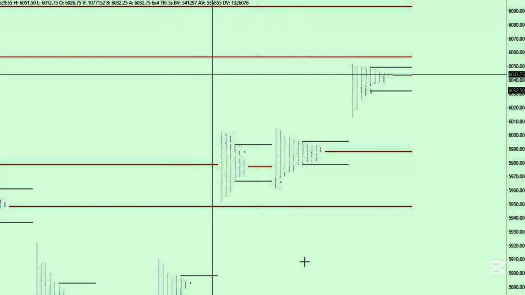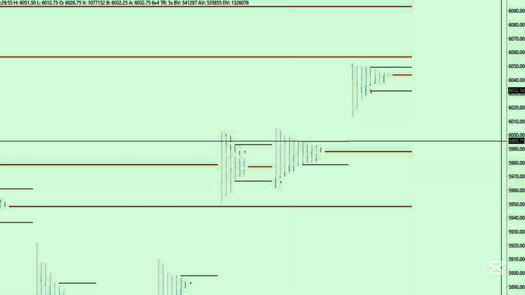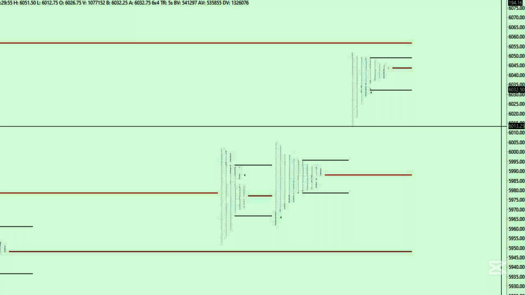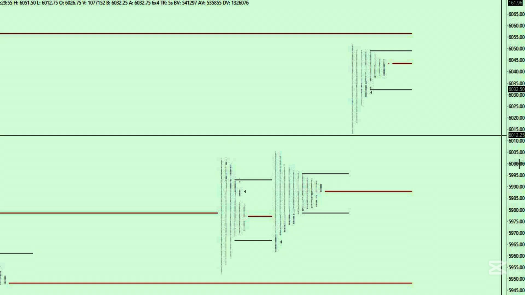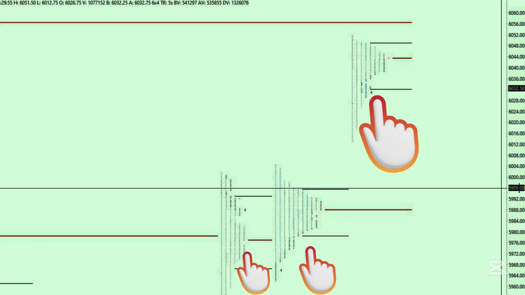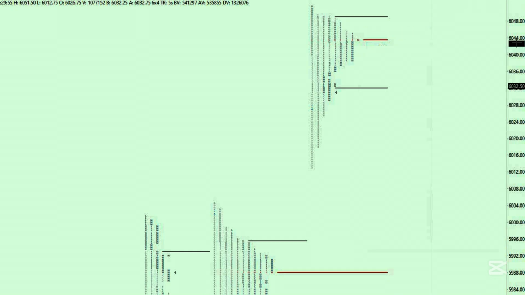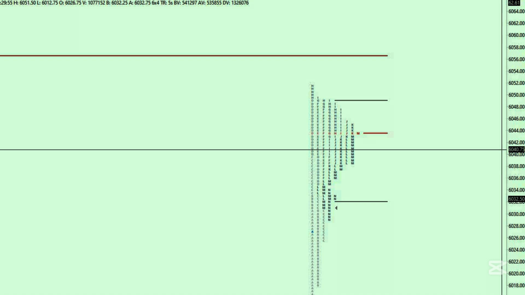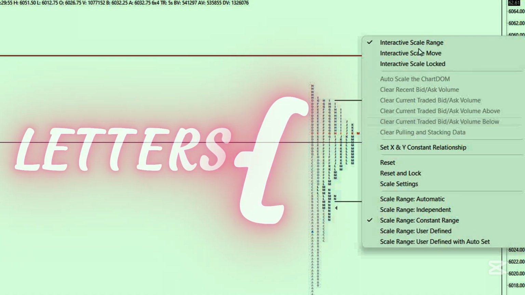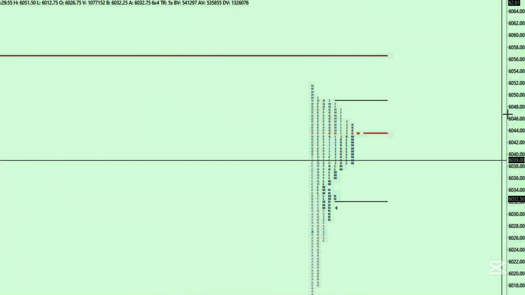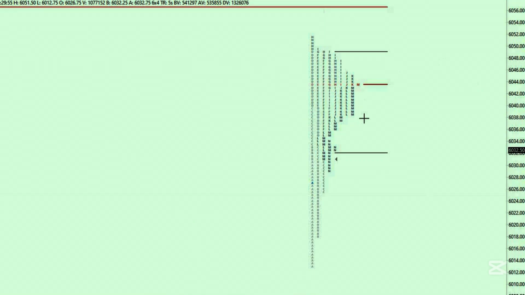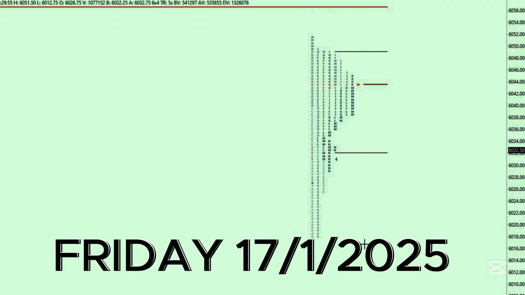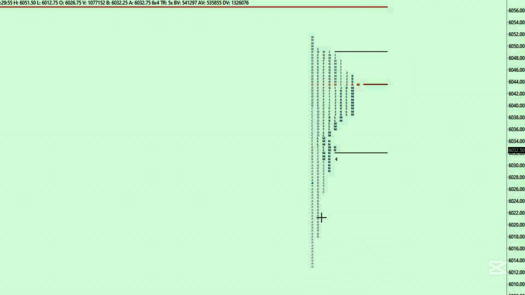Now, this is the market profile, and here if we zoom in, you can start seeing some letters that are formed over here. Let's zoom more and move the chart a little bit down, and zoom a bit more again. Now you can clearly see this market profile, and this is basically the last day, which was Friday, and you can see all those letters here.